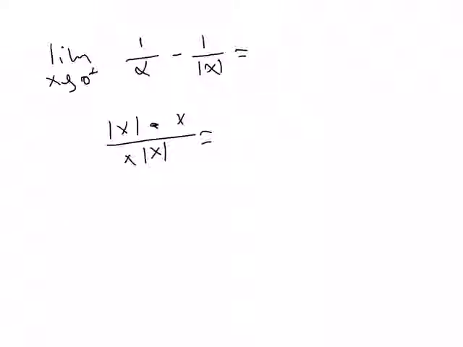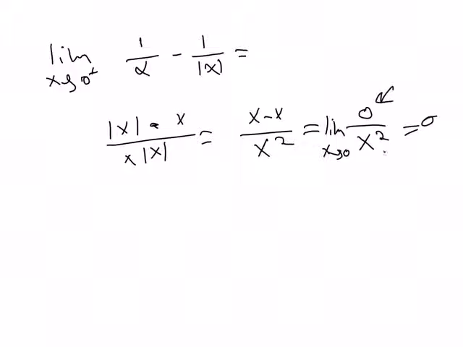So this becomes x minus x over x squared, which is the same as 0 over x squared, the limit as x goes to 0 from the right, and this is just going to be 0 because there's a 0 over here, and even though this is approaching 0, it's never actually 0, it's just a limit.